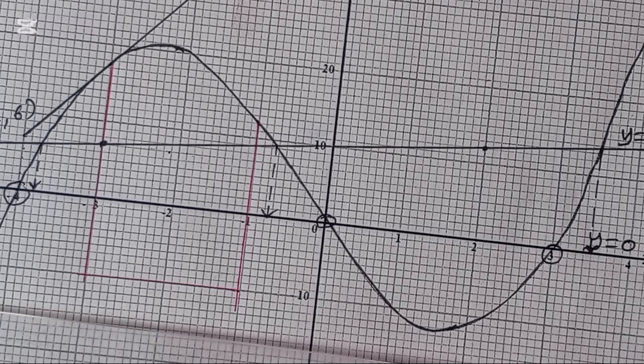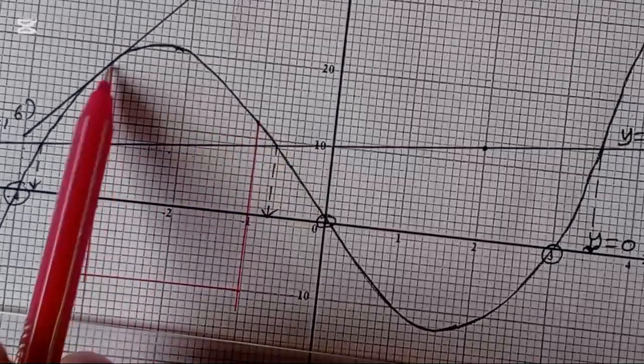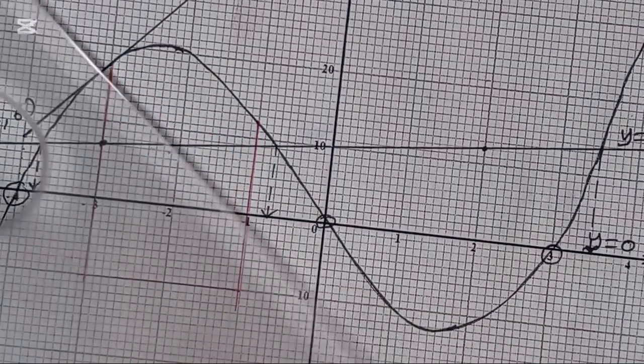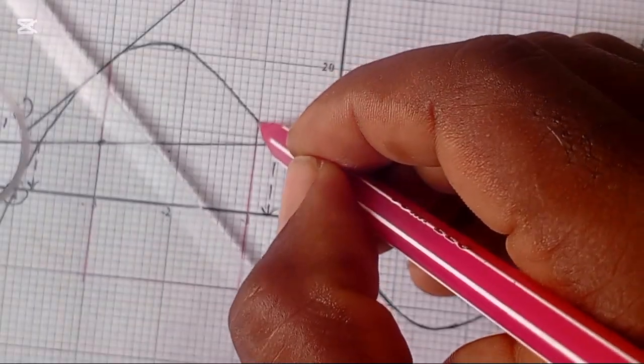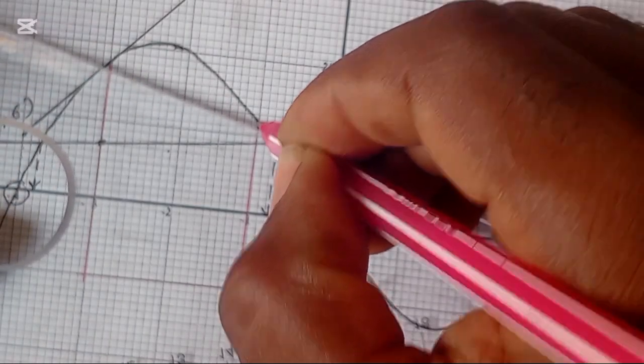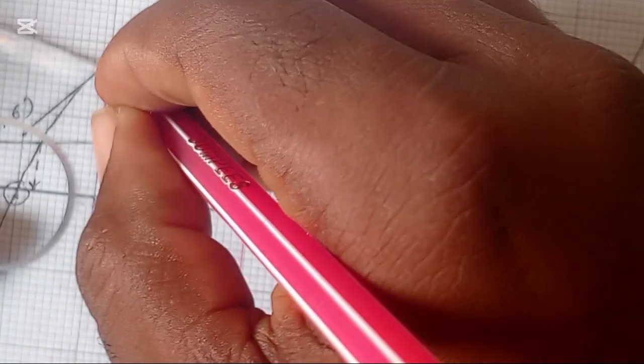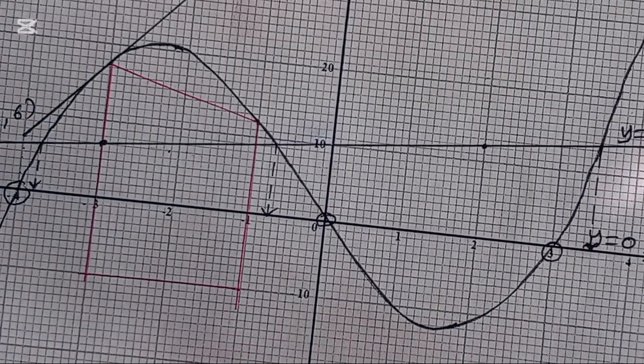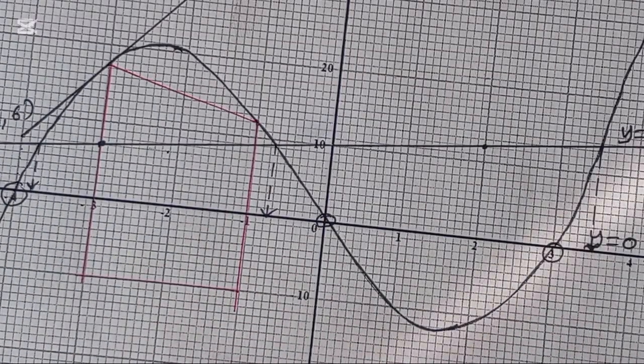For me here, I'm going to make a trapezium. I'll just connect these 2 points. So this is a trapezium, and I'm going to calculate the area of a trapezium. So that is the area estimated by the curve.